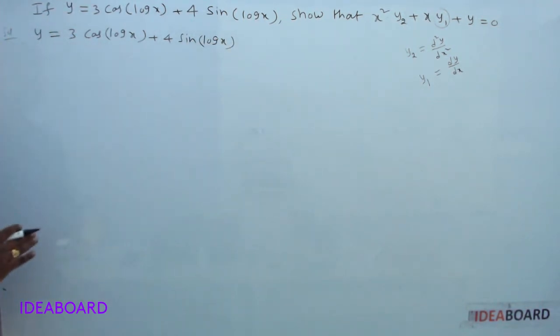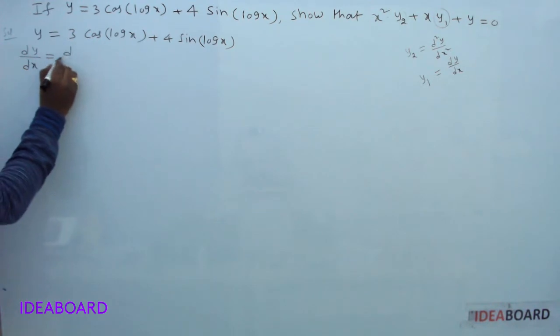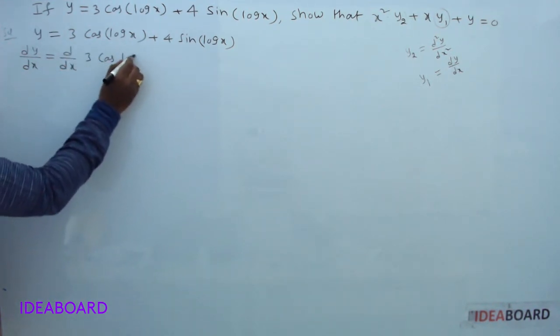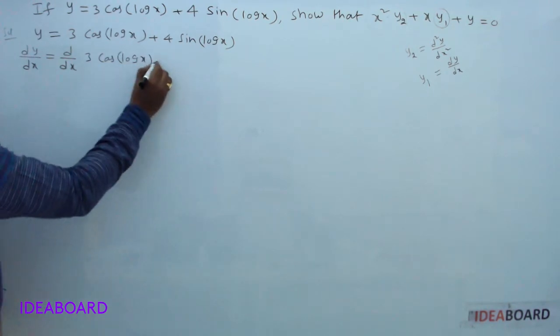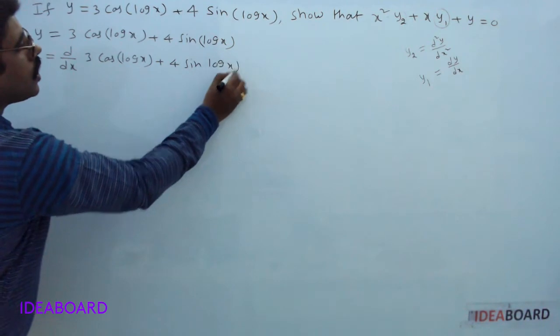Differentiating on both sides with respect to x, dy by dx equals derivative of 3 into cos of log x plus 4 into sin of log x.